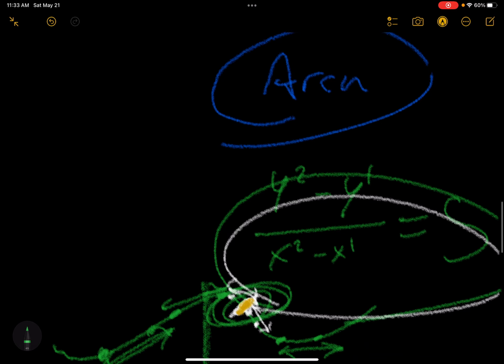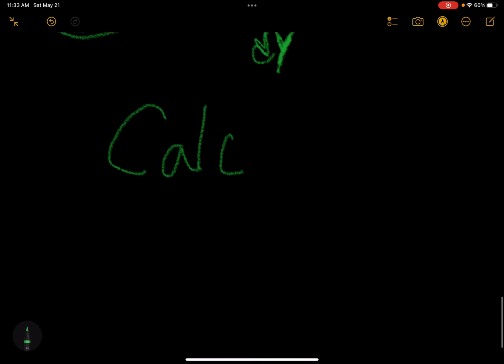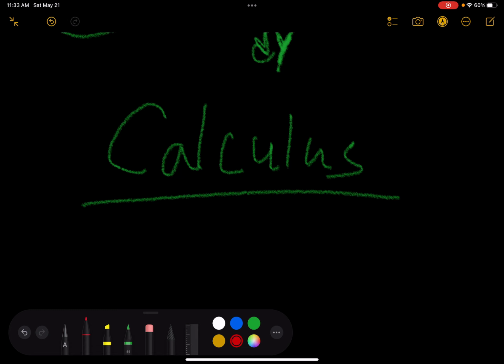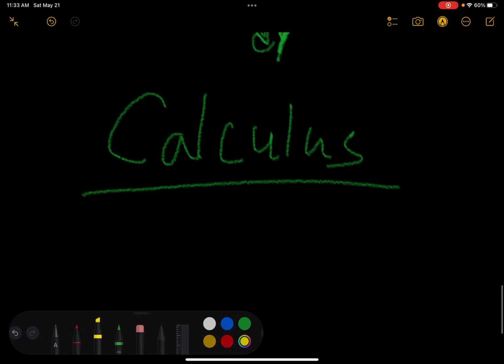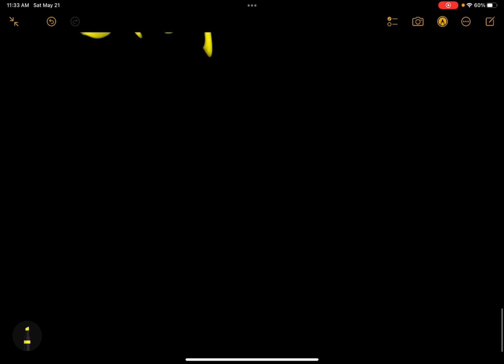So calculus is mainly what we used today in this tutorial: these two things, slope and area and volume.